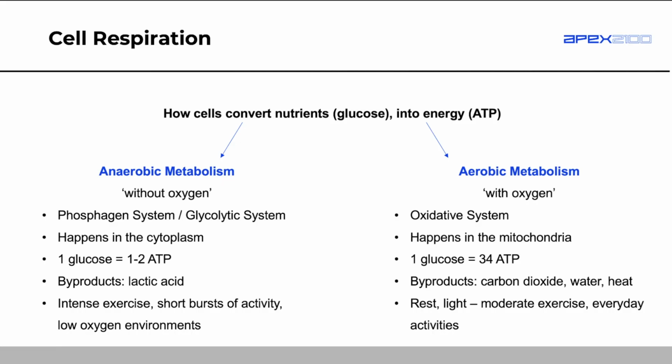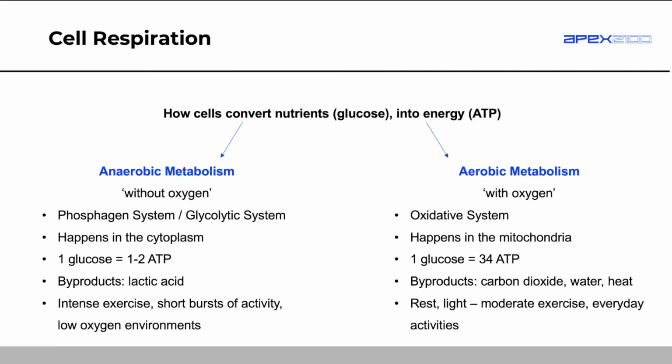We've got two primary types of cell respiration that we've already mentioned: anaerobic metabolism and aerobic metabolism. Let's talk about aerobic metabolism first. Aerobic metabolism occurs when there's oxygen present within the cell. So cells utilize oxygen to break down glucose, and we know that that occurs within the mitochondria.